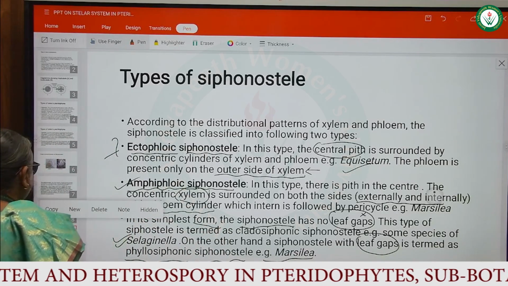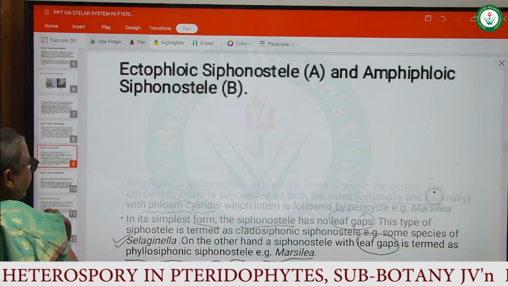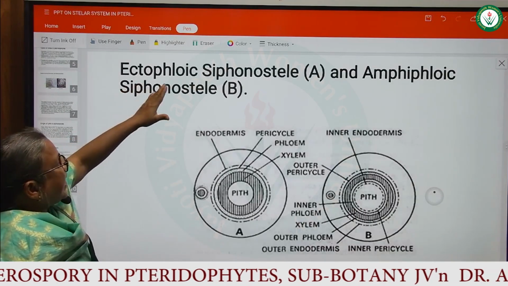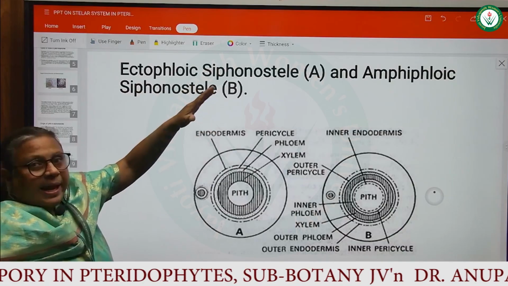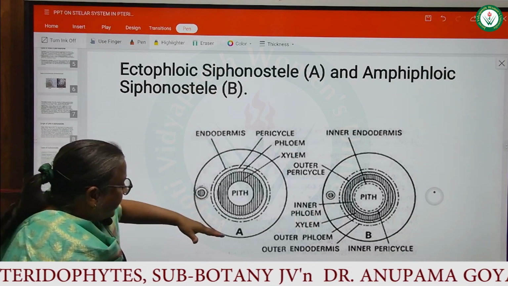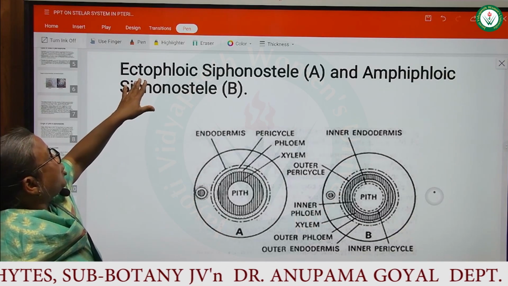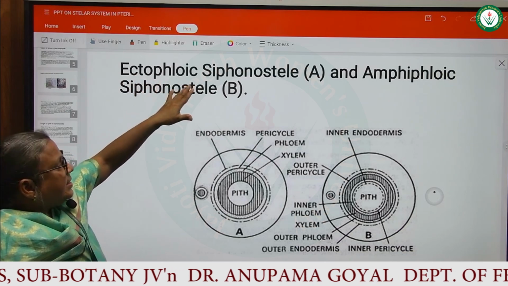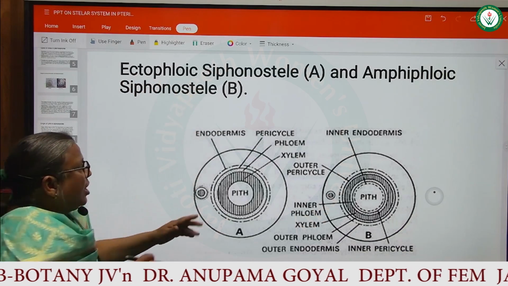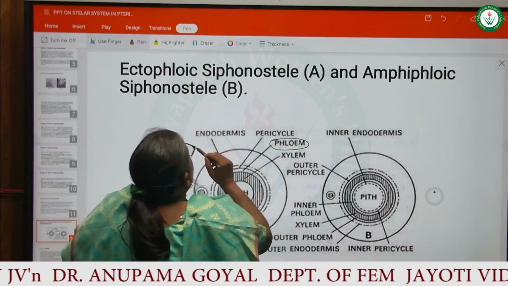Now first I show you the diagram of the ectophloic siphonostele and amphiphloic siphonostele. So look, diagram A shows clearly the picture of ectophloic siphonostele, in which phloem is present only on the outer side.